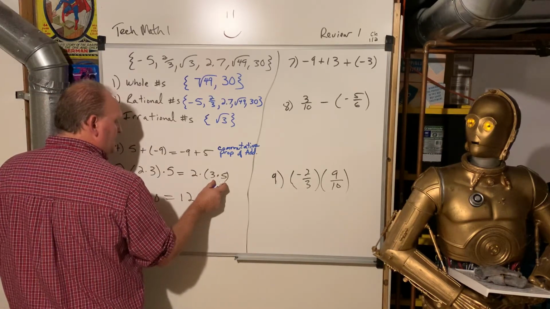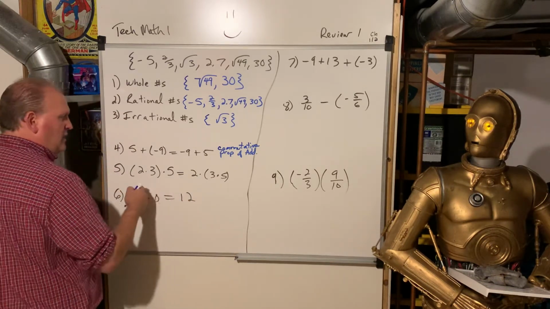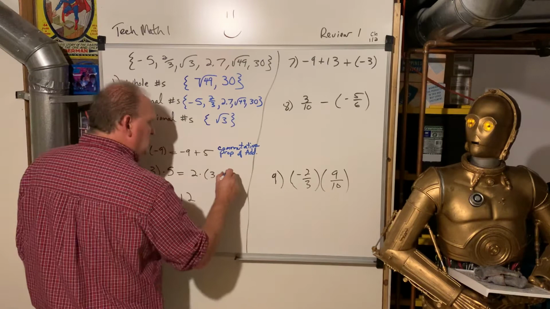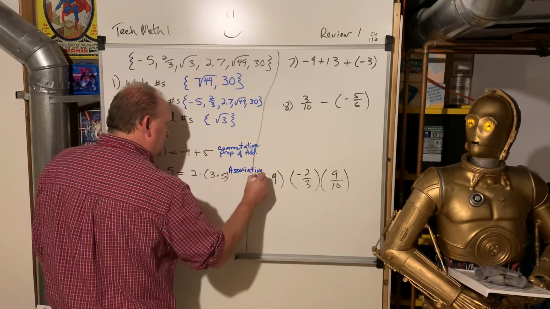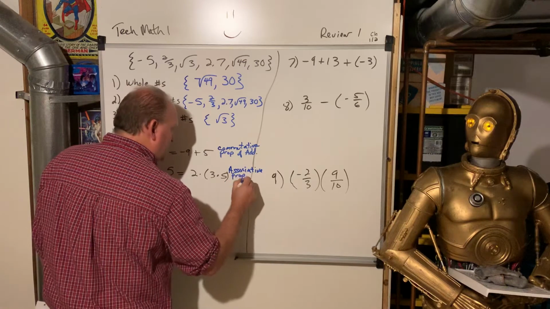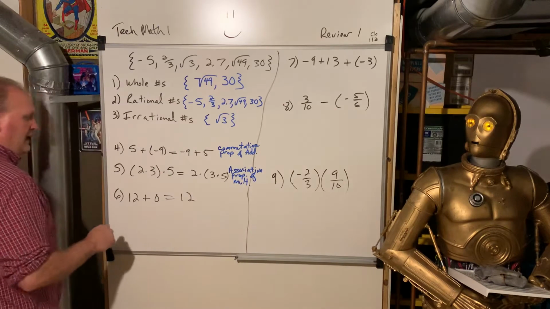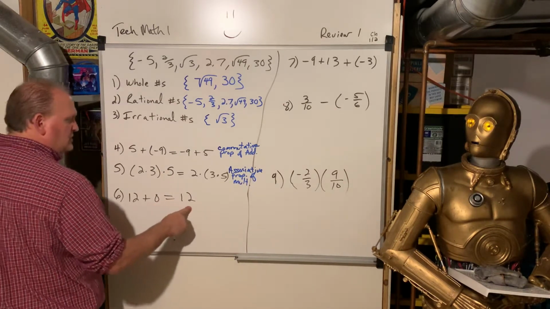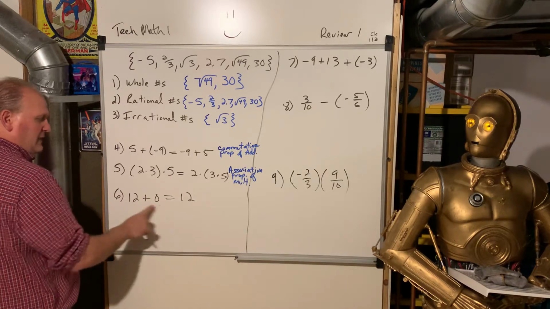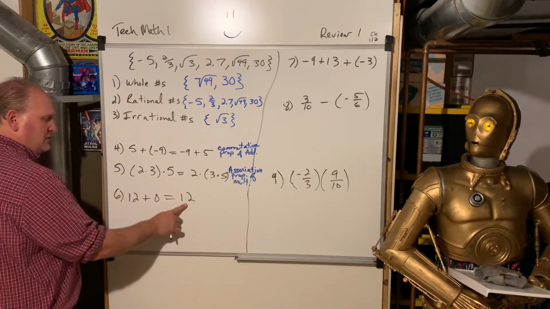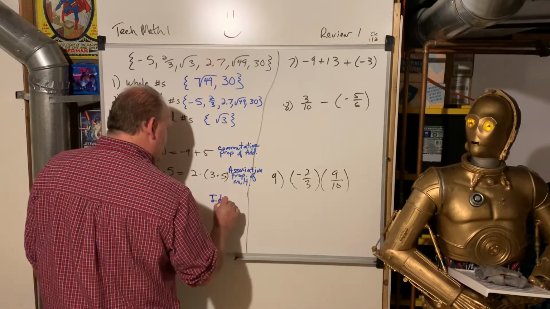So that means you do 3 times 5 first and then double it. When there's 3 or more numbers, that's called the associative property, and that is of multiplication. And then what about 12 plus 0 equals 12? Well, look, addition happened there, but I ended up with what I started with. I started with 12, I ended up with 12. And so that's called the identity property of addition.